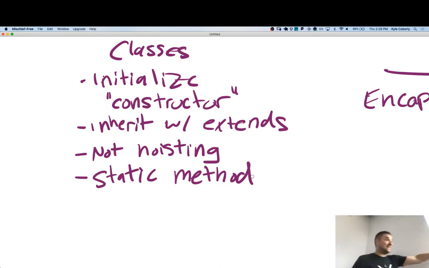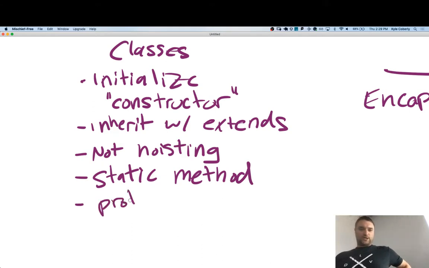Again, static is the OOP theory term for this. Something that's owned by the class, we call those static methods. And then our prototype methods are equivalent to instance methods. Nice.